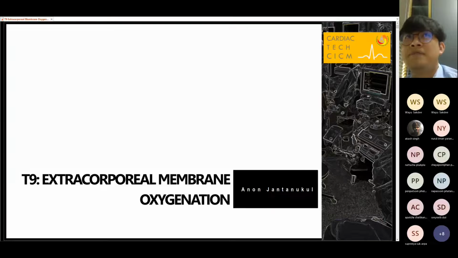And we talked about IABP, the balloon that we put inside the aorta to reduce the heart workload and also improve coronary perfusion. For this session today, we're going to go a further step, and after that, another application of mechanical circulatory support.